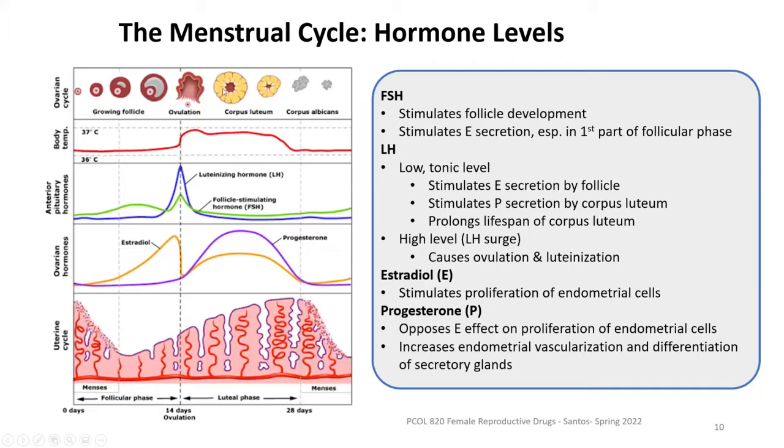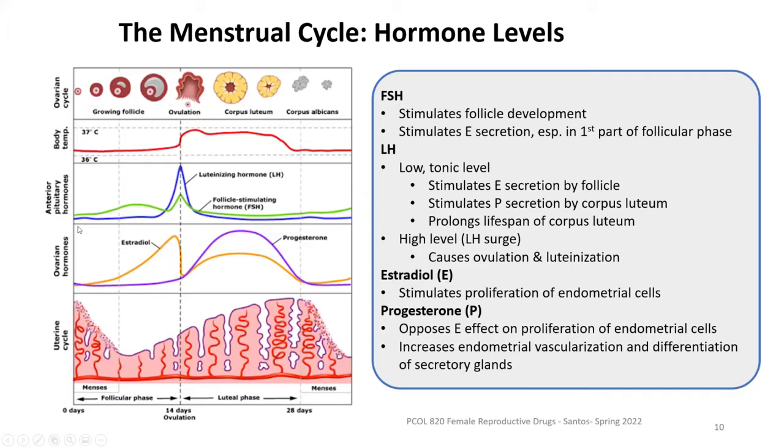That determines a change into corpus luteum and finally into corpus albicans. The temperature of the body changes during the menstrual cycle as well. It starts off in the low 36, and during ovulation it hits a peak at 37. It stays high for the luteal phase, and then goes down around the 28 days.